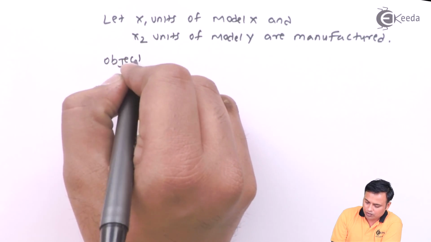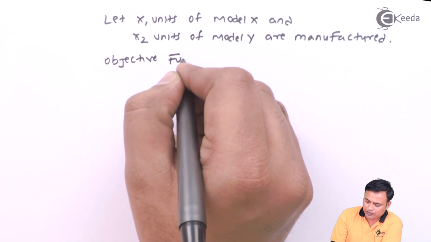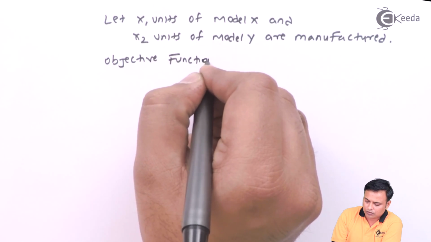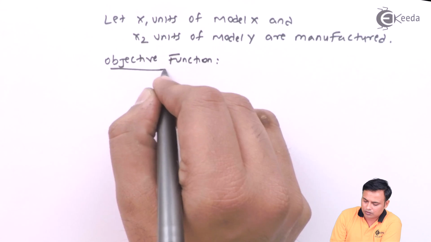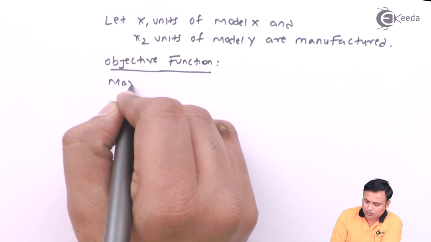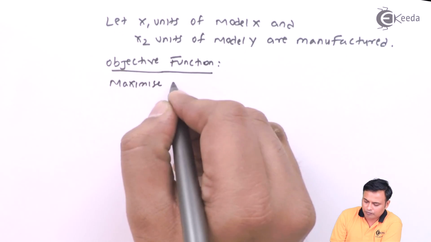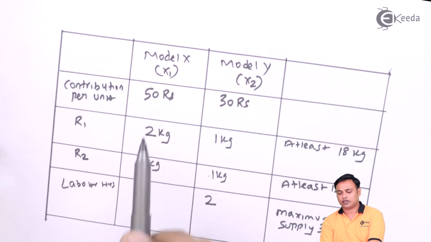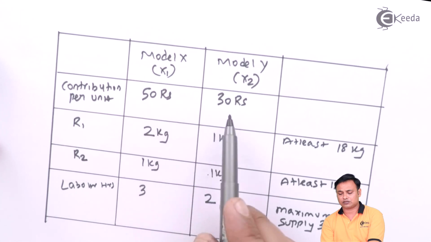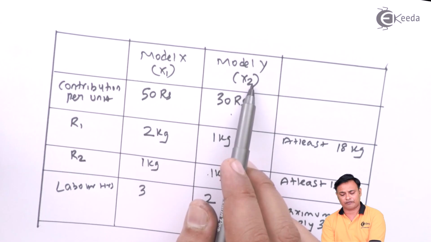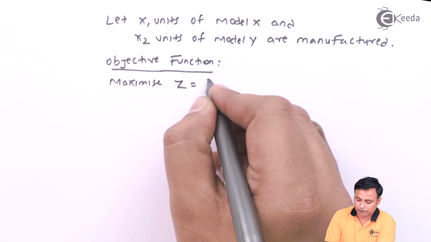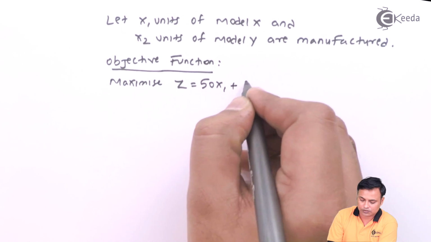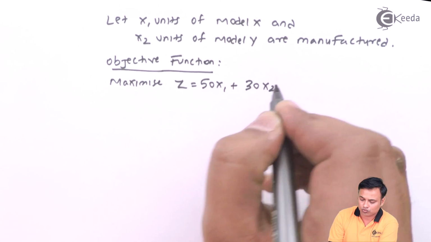So my objective function will be maximize Z equals my contribution per unit is 50 into x1 plus 30 into x2, which will be my total profit.